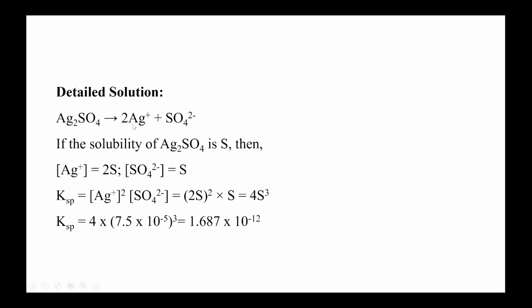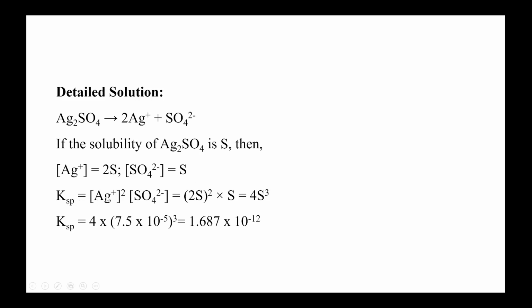Ag2SO4 will dissociate into 2Ag plus, because there are two ions of silver, and SO4 2 minus. So 1 mole of SO4 2 minus and 2 moles of Ag plus. Now the solubility of Ag2SO4, let's say it is S, then the concentration of Ag plus would be 2S and the concentration of SO4 2 minus would be S.